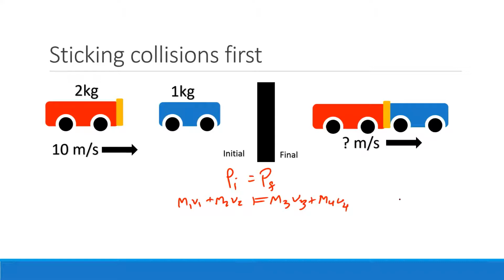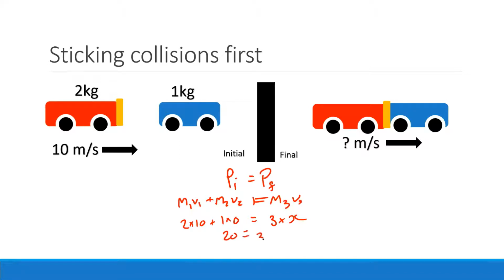If I didn't do it that way, that's just another way you could do it. We've got 2 times 10 plus 1 times 0 equals, there's not an m4, so I can just get rid of that, equals 3 times x, since we don't know how fast it's going.